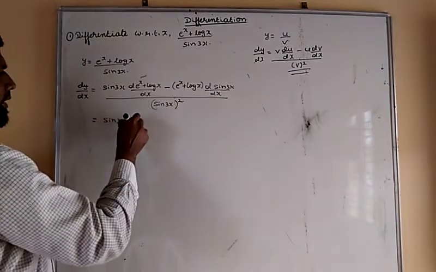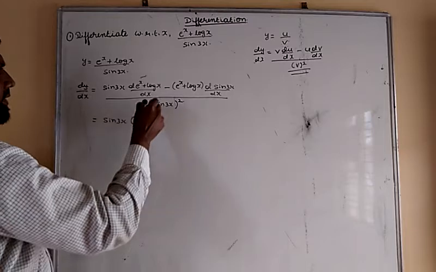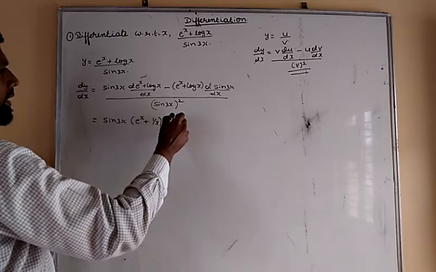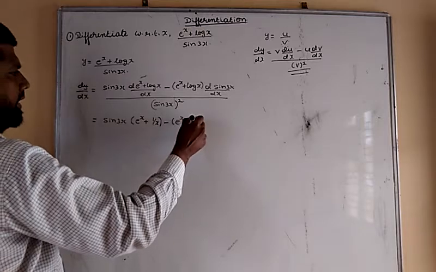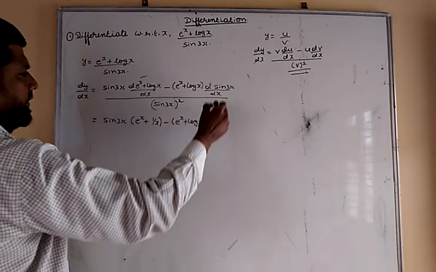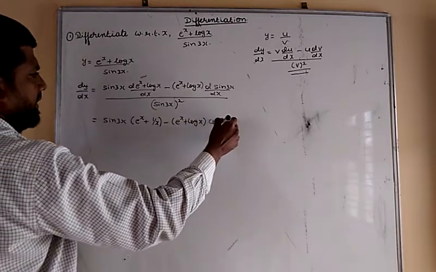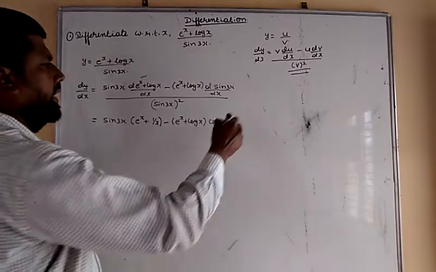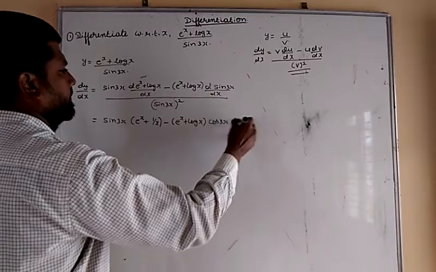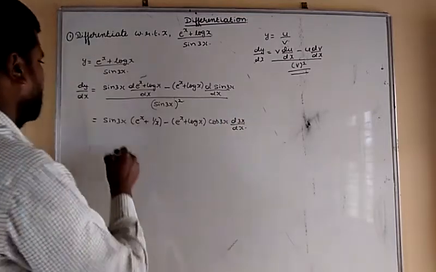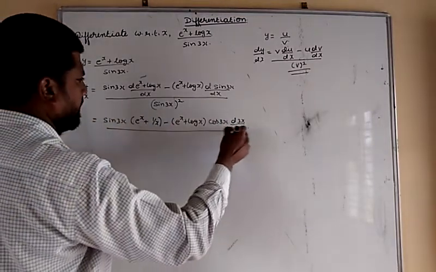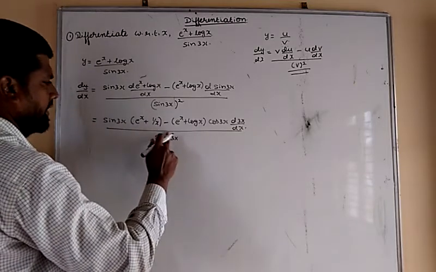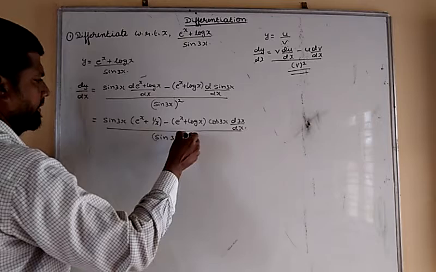So differentiation of e to the power of x is e to the power of x, log x differentiation is 1 by x, minus here e to the power of x plus log x, then sin x differentiation is cos 3x. In the place of x there is 3x, so we have to differentiate 3x again, by denominator whole square, means you can write sin square 3x or you can write sin 3x whole square.